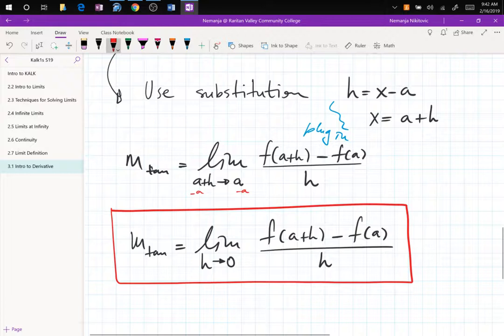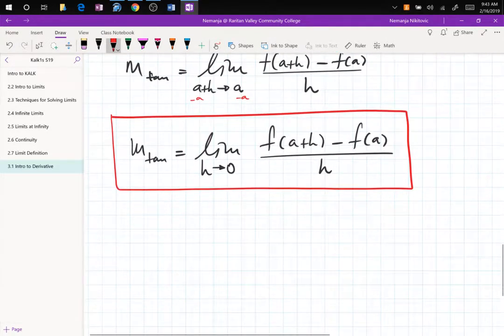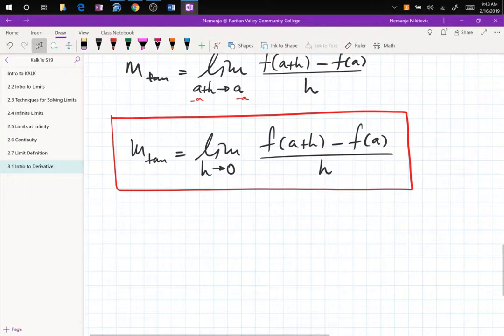Yes. Difference quotient. Subtraction and division. Difference quotient. So now this is a different form for the problem. So now let's go and do that problem.